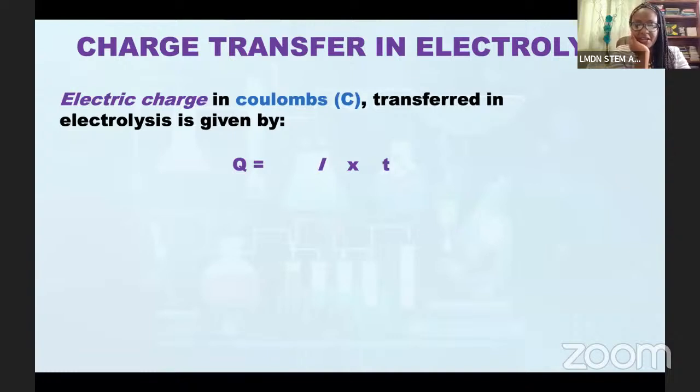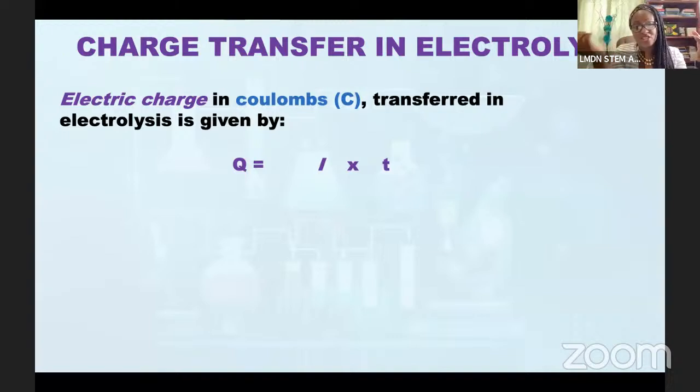So the first definition I have for you guys is electric charge. That electric charge is very important because, as we said, they're electrically charged species that are being transferred. If we're going to do calculations, we have to know how we can put a number on these charged species. So we speak about an electric charge, which has the unit coulombs, and that gets transferred throughout the electrolytic cell.